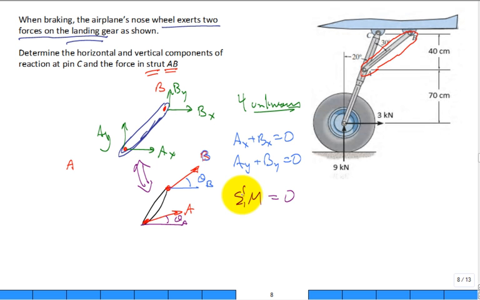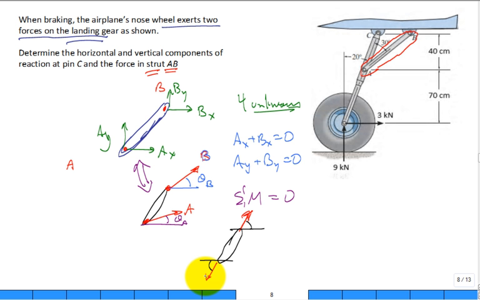Could I really have A and B drawn like that? What you conclude is that for a two-force member, the force either is going to be in tension in the object, and they have the same orientation, they can't be anything else.